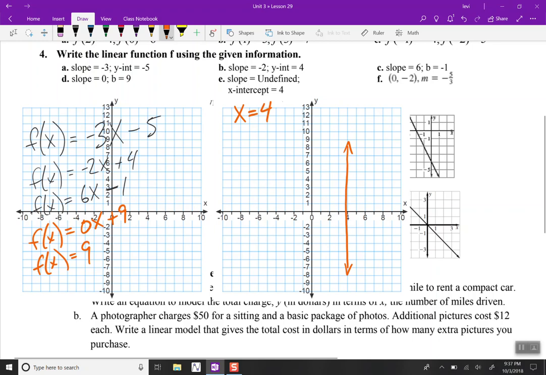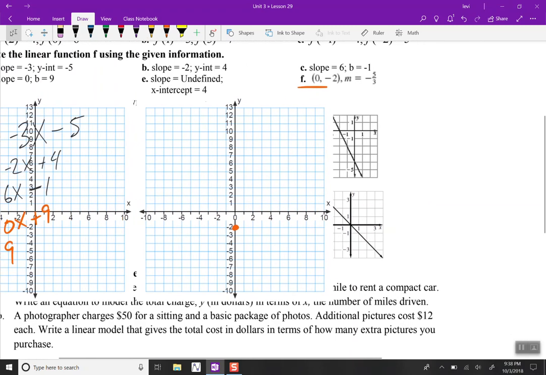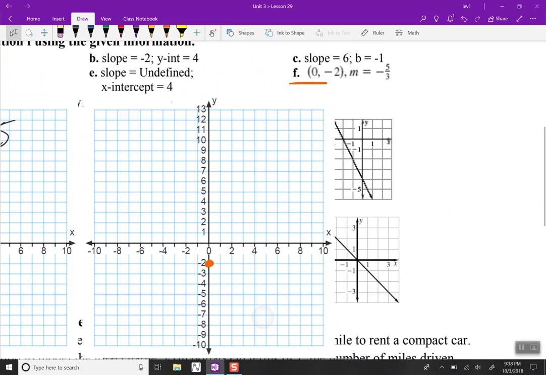And then f, kind of a difficult one. We're going to go through 0, negative 2. There's a couple different ways we can do this. One way for f is if we graphed it. 0, negative 2 is right there. And if we have a slope of down 5, right 3, so down 5, 1, 2, 3, 4, 5, right 3, 1, 2, 3, just so we get the idea.